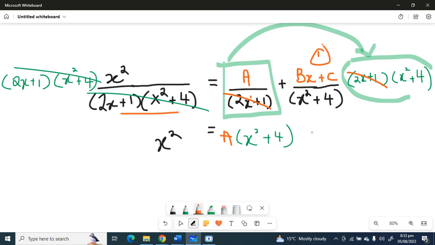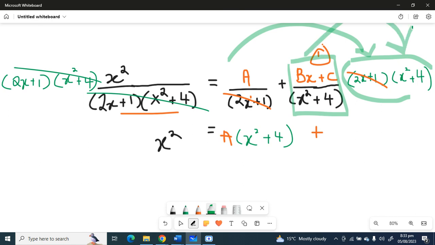Then on this side here, plus b, we're going to multiply this fraction by this expression. We can see that we've got a common factor, x squared plus 4, x squared plus 4. They go.